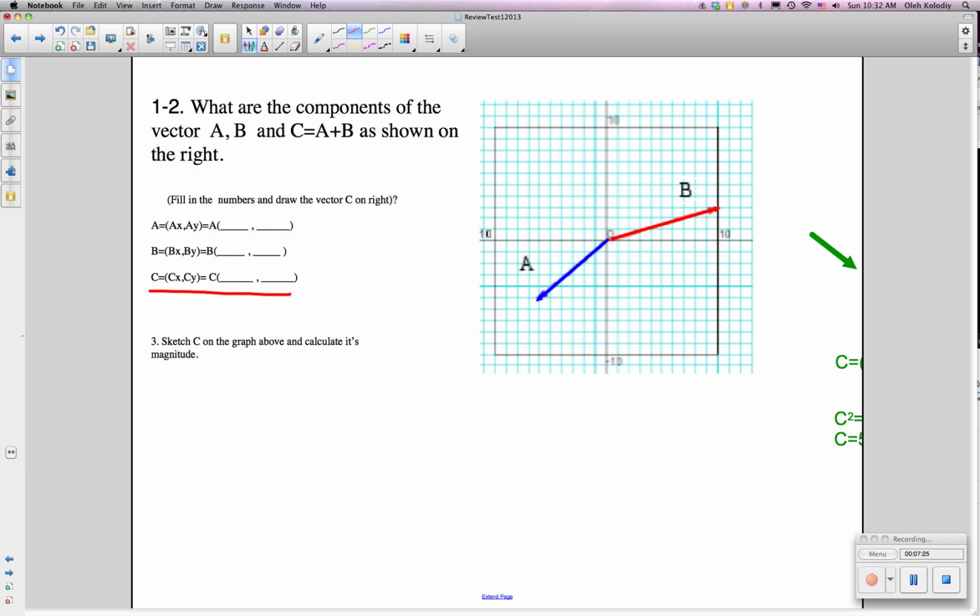Now we can see that using the tip to tail method, this green vector here is going to be the vector C. It's going to have a positive x component and a negative y component. Let's see if we can calculate those.